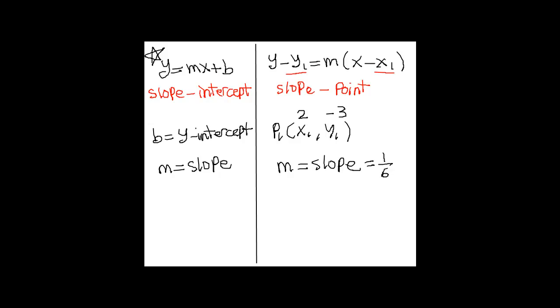If I substitute that into this formula, y minus y1 would be y minus -3, slope is 1/6, and x1 is 2. Now if I distribute this, I would get the same exact formula that I got using slope-intercept.